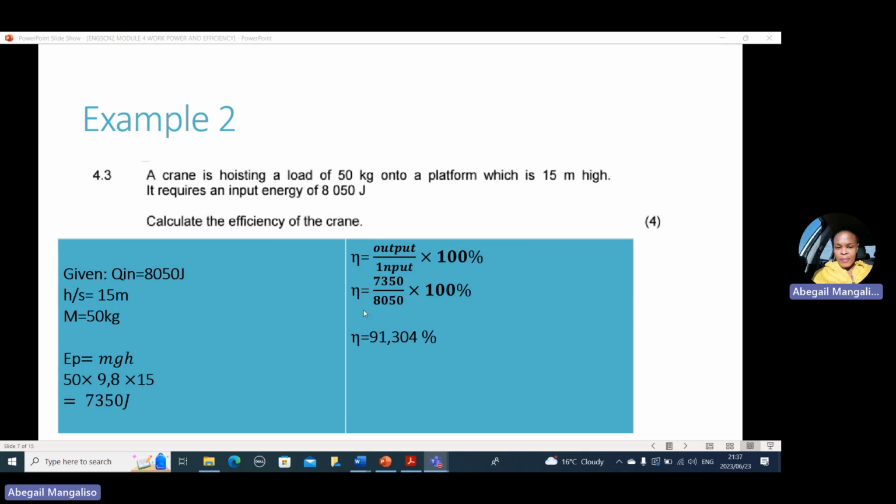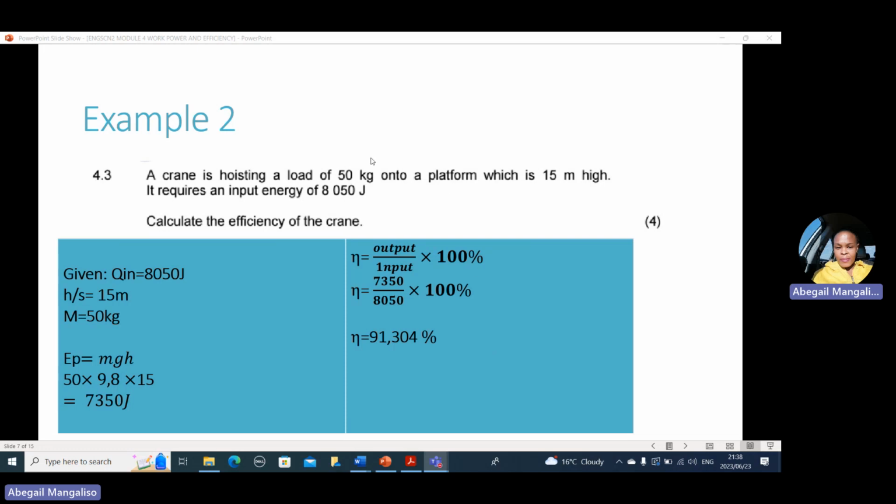Then we substitute into the efficiency formula. Output is always less than the input because there are losses in between. Then you divide, punch this on a calculator, and multiply by 100. Remember, efficiency has no unit, so you do not include an SI unit. The efficiency is 93.304 when corrected to 3 decimal places.